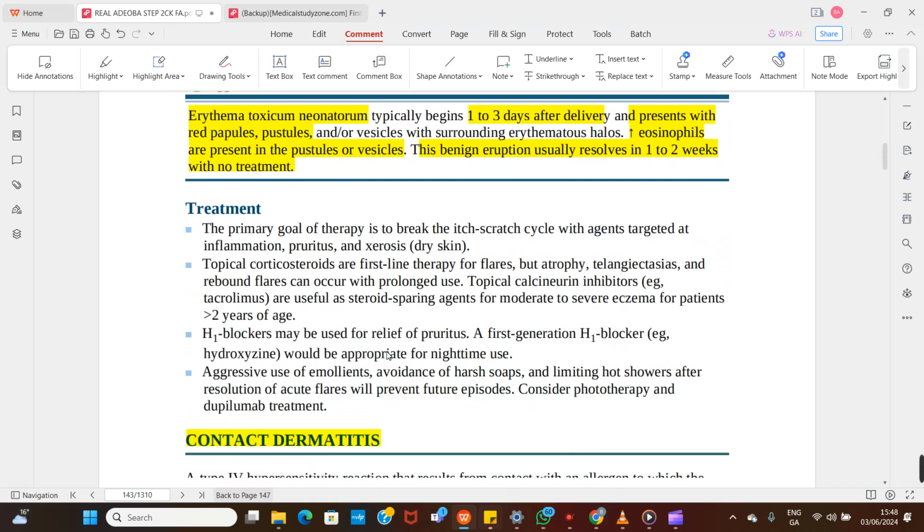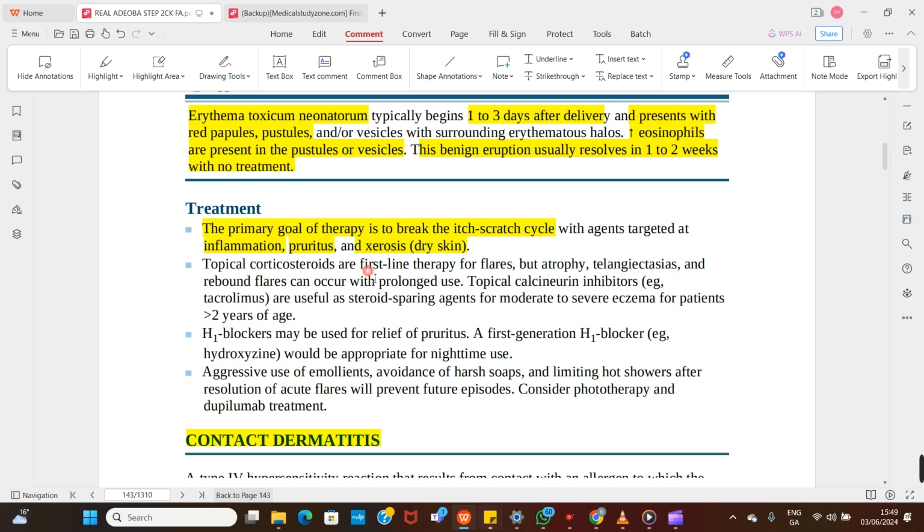And we go back to the treatment of atopic dermatitis. Just like I was saying the other time, the main goal of therapy is to break the itch scratch cycle. The major cause of the itching is the dry skin, which is the xerosis, as well as the inflammation. Both of them work in concert to bring about the pruritus.